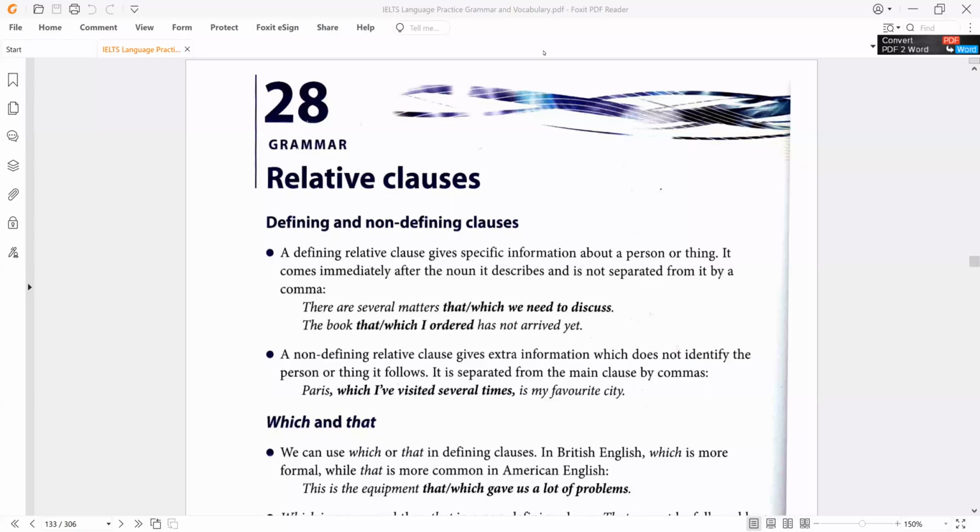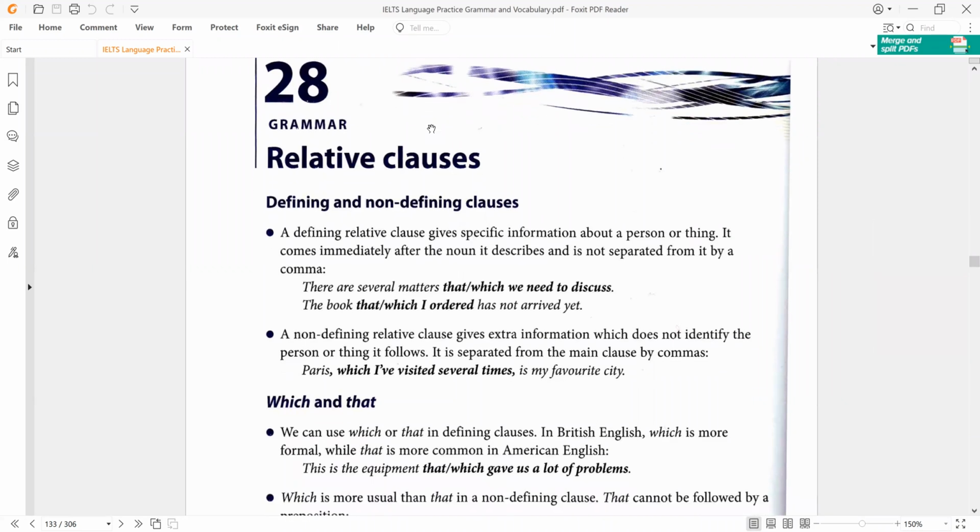Welcome to the grammar and vocabulary class for IELTS. Today, class is number 9. Today, we are going to focus on two more issues today and tomorrow, inshallah: how to build up complex structures. And today we are going to talk about relative clauses.